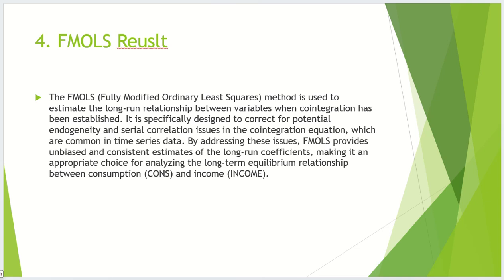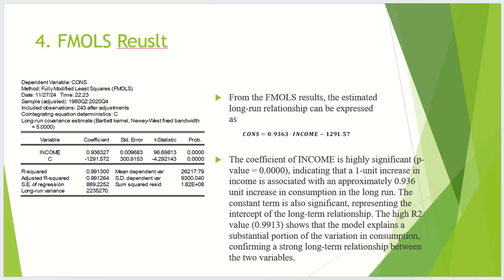After we confirm that there is at least one co-integrating relationship between these two variables, we employ the FMOLS model to figure out the long-term relationship between them. We can see from the picture the result of the FMOLS is shown on the left. From the FMOLS results, the estimated long-run relationship can be expressed as follows.